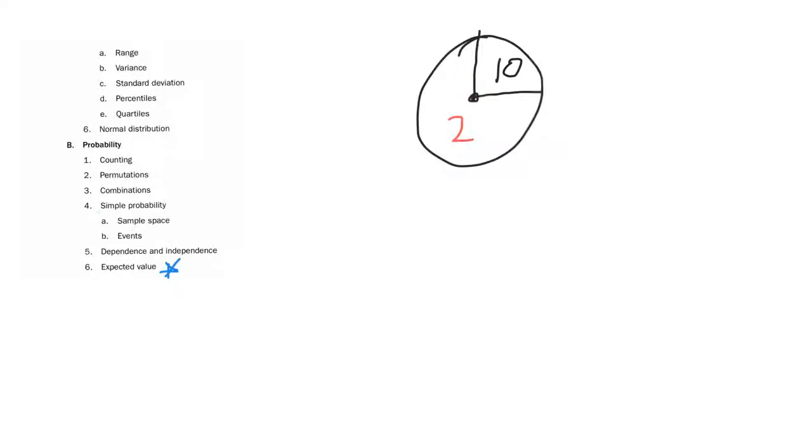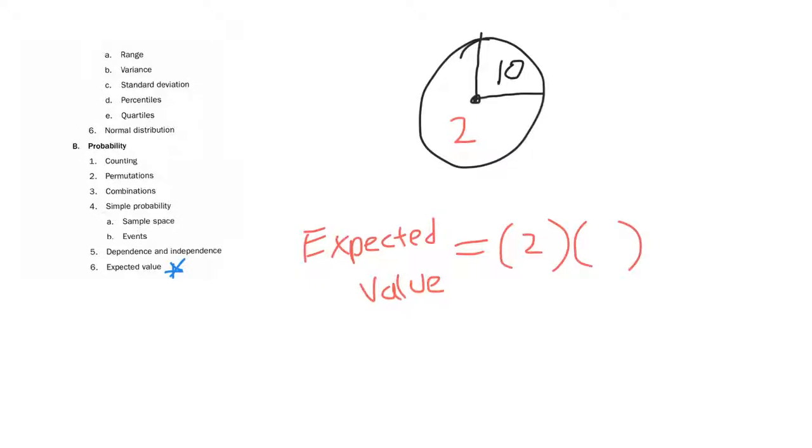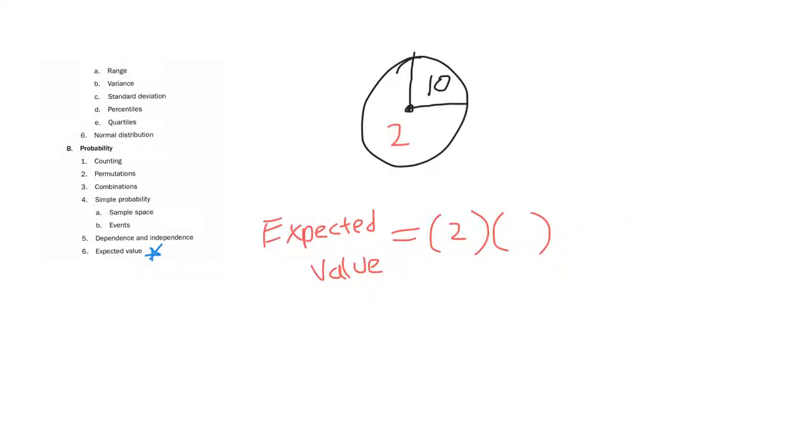Well, that would be found by analyzing the expected value. So in this case, it would be the expected value of a single spin in terms of points. Well, all you have to do is multiply the amount of points you would earn times the probability of getting those points.